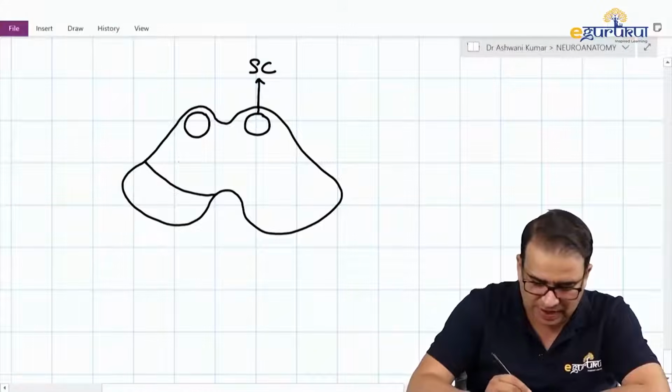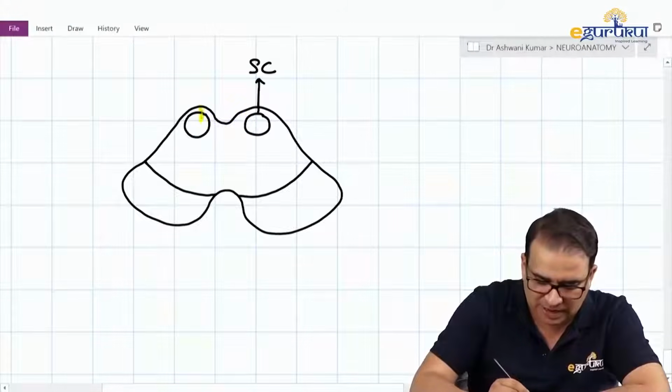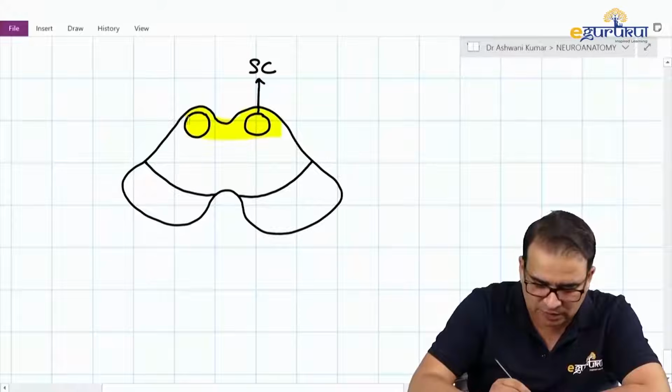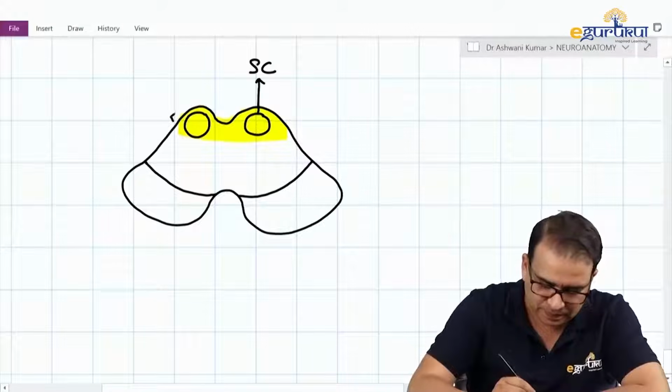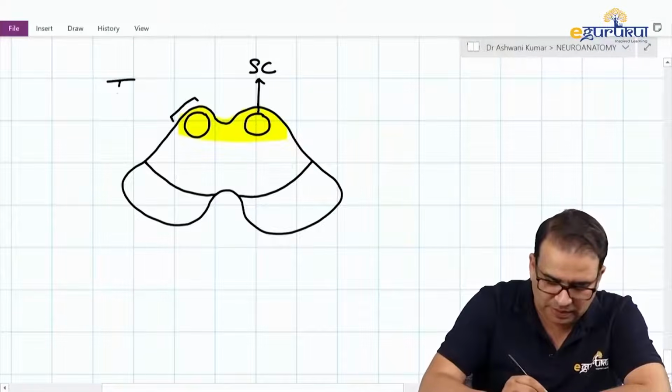Well, the midbrain can be divided into three parts. This dorsal part of the midbrain, the one I'm highlighting right now, where you can see the superior colliculus and inferior colliculus, that dorsal aspect of the brainstem is called the tectum.